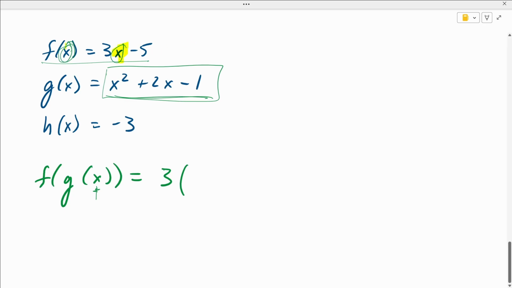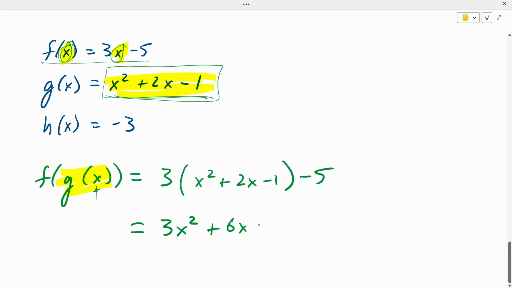The input to the function f is g of x. So I have 3 times x squared plus 2x minus 1 minus 5. That's f of g of x. And now I could do a little bit of distributive property. I could collect my two constant terms there. And that's what f of g of x is.